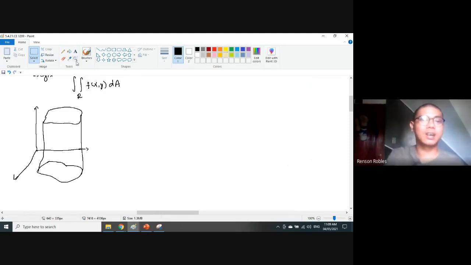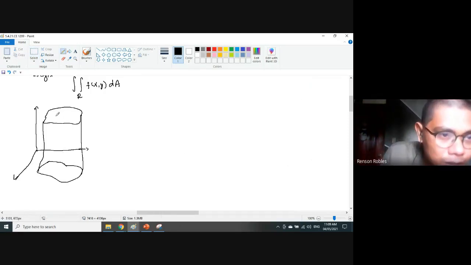So in this case, what I'm going to do here is draw a rectangular parallelepiped. Sorry for the bad drawing. And then I'm missing one, so this is like this. This should be long. And then I draw another one here.